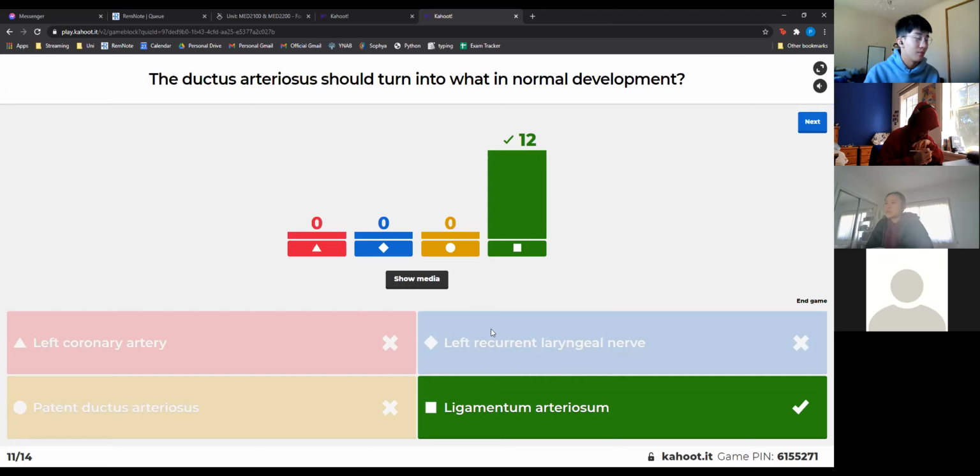If you damage that one, then you get a hoarse voice and perhaps a bit of shortness of breath as well. In abnormal development, you could get patent ductus arteriosus, where your ductus arteriosus remains patent. It remains open and doesn't close up and form the ligamentum arteriosum.